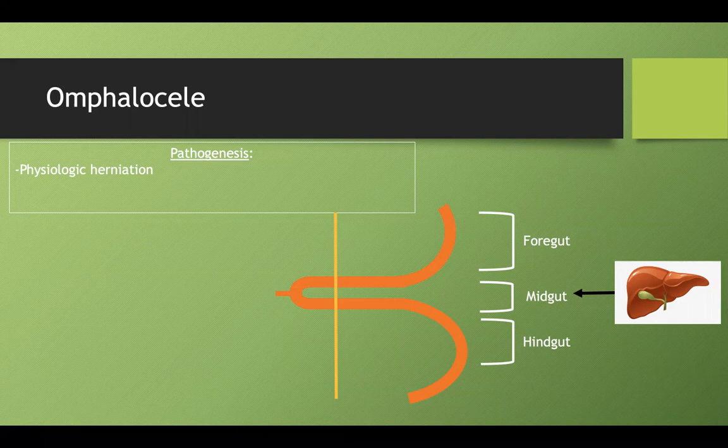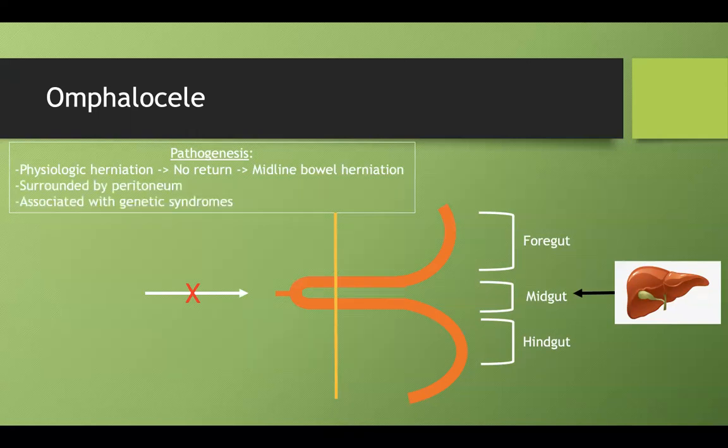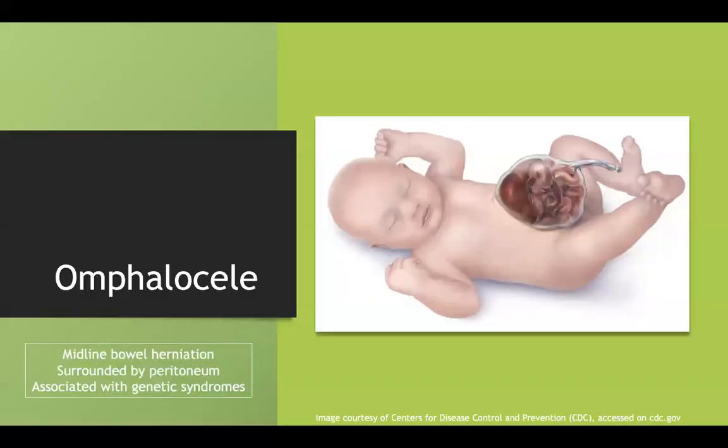So you don't have a herniation anymore. In omphalocele, you have a problem of actually coming back into the abdominal cavity. So you have a midline bowel herniation that stays in place even after birth. And this is surrounded by peritoneum and it's associated with genetic syndromes. And this is a picture of what that might look like.